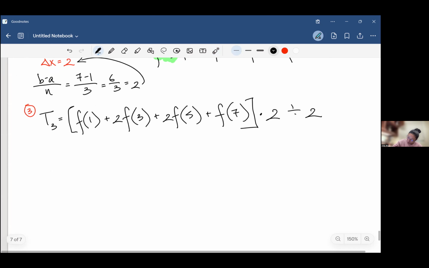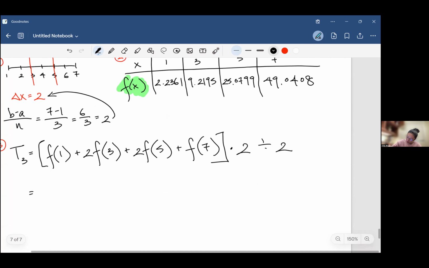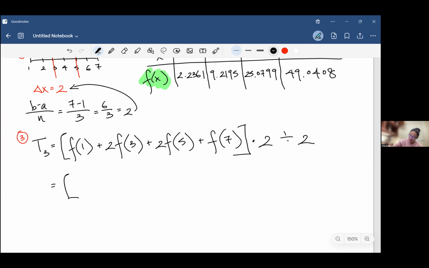Okay, so we plug in all of our values. Let's see what we get here. 2.2361 plus 2 times 9.2195 plus 2 times 25.0799 plus 1 times 49.0408. Okay, that gives me all the y values of 119.8757.